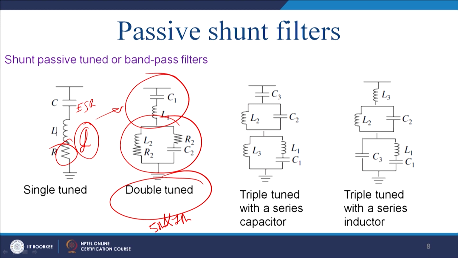Now, you can go to another level. So, in these combinations you can see that this combination L1 and C1 comes here. Similarly, L2 and C2 comes here, and effectively there will be L3 and C3 that has to be calculated.